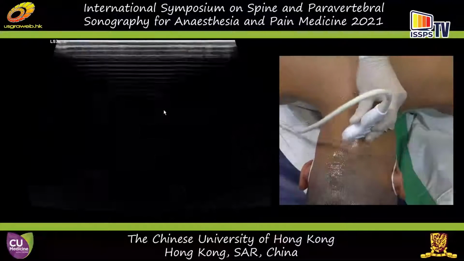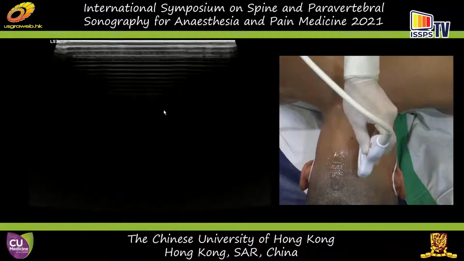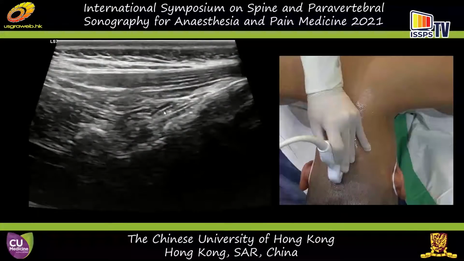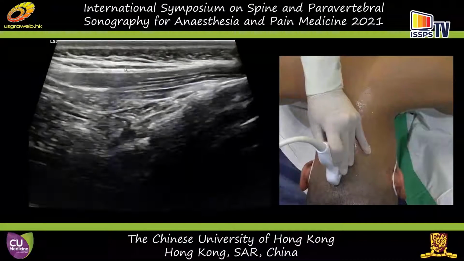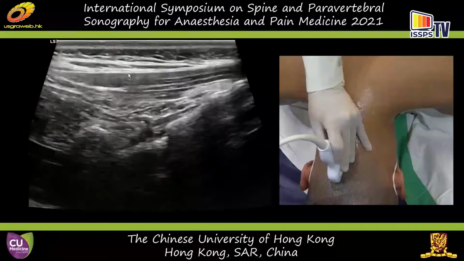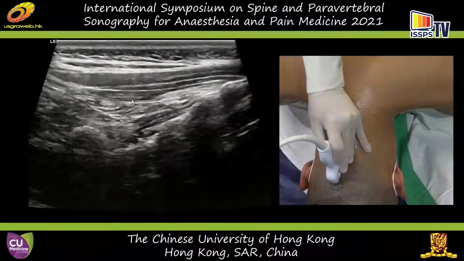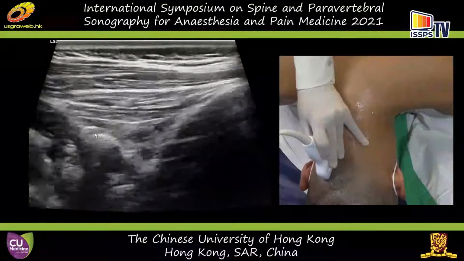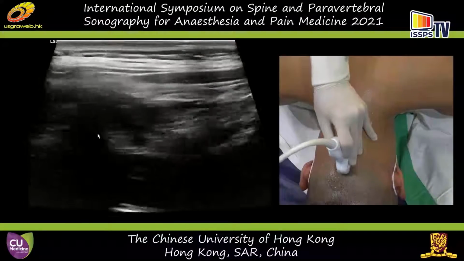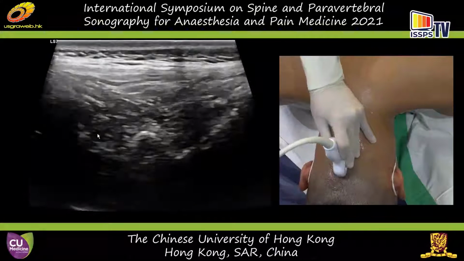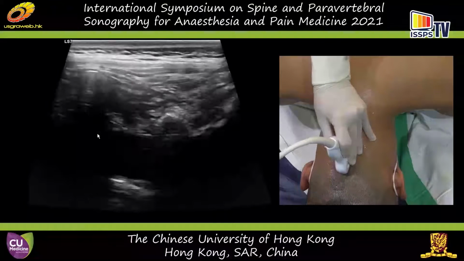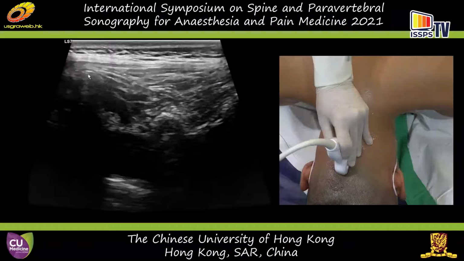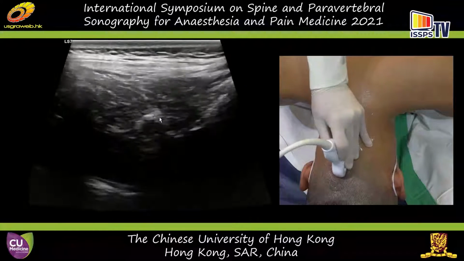And this time, I like to go to the long axis. If I go to the long axis, this is the upper trapezius, and that's the semispinalis capitis. And then you can see this time, this is C1, and this is the C2 spinous process, and that's C1.